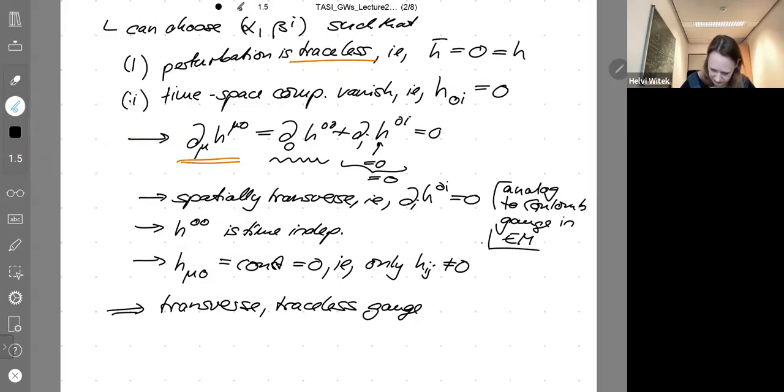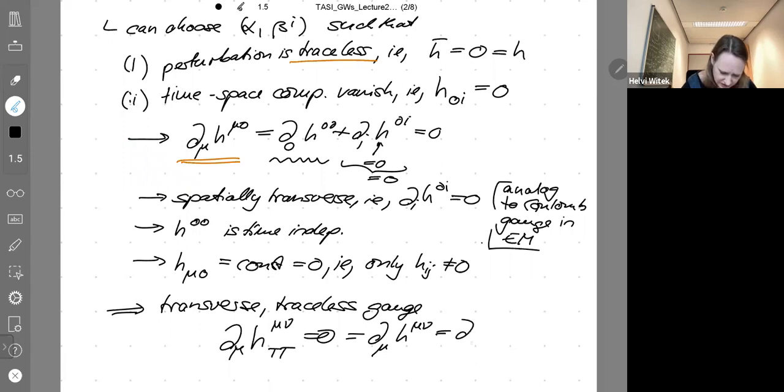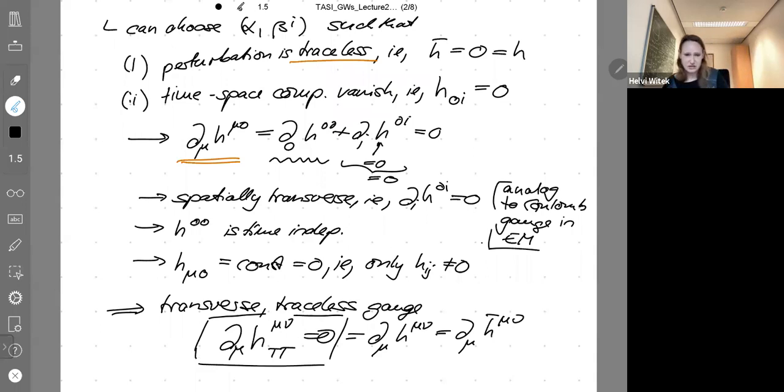So that is partial mu h mu nu TT equals 0, and this is the same as putting the divergence of the original perturbation to 0, and since we are in the traceless form, it's the same as having our gravitational potential divergence free. So this is our transverse traceless gauge. Whenever I use this double T, that's exactly what I'm referring to.